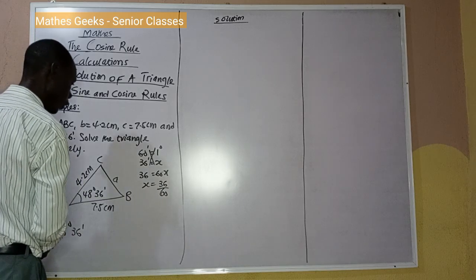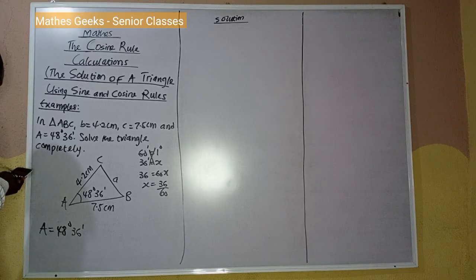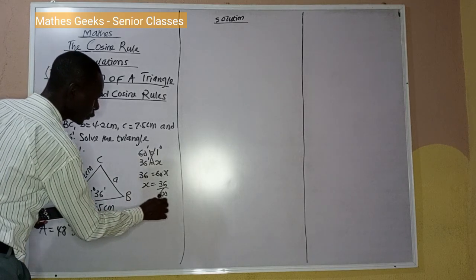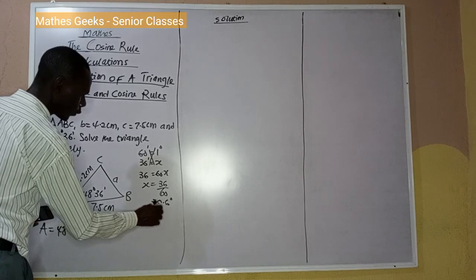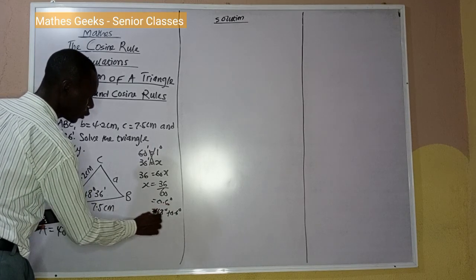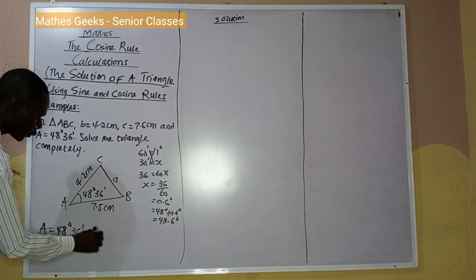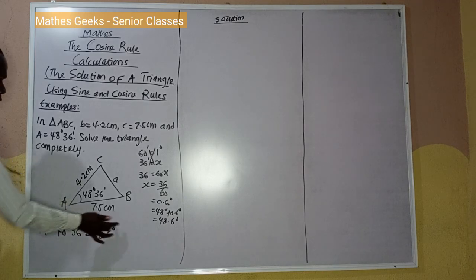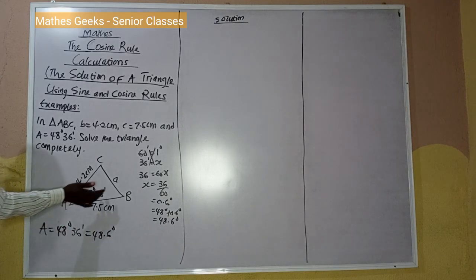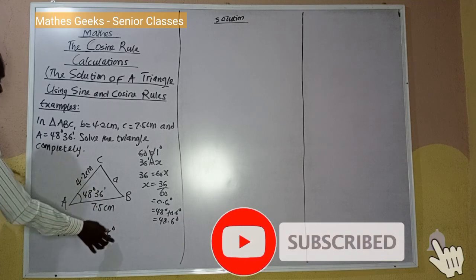On the calculator, 36 divided by 60 gives 0.6 degrees. So we're going to add this to 48 degrees: 48 degrees plus 0.6 degrees is equal to 48.6 degrees. That's angle A in degrees fully. When it was given to us initially, it was in degrees and minutes, but in degrees fully it will be 48.6.